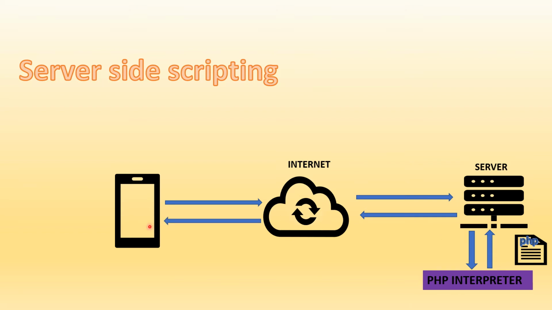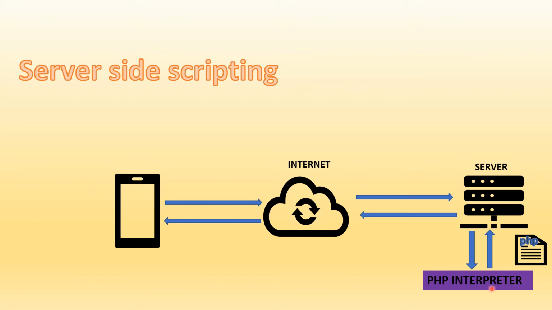So the user's web browser receives the response from the server and displays the web page on a computer or device. So here we have a web browser which asks for a request, and from the server it got the response on its browser. We have the scripting language, which is PHP.